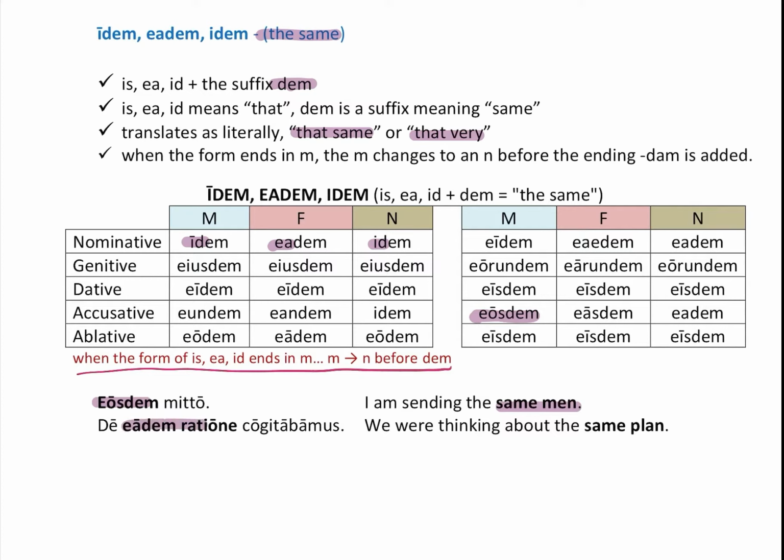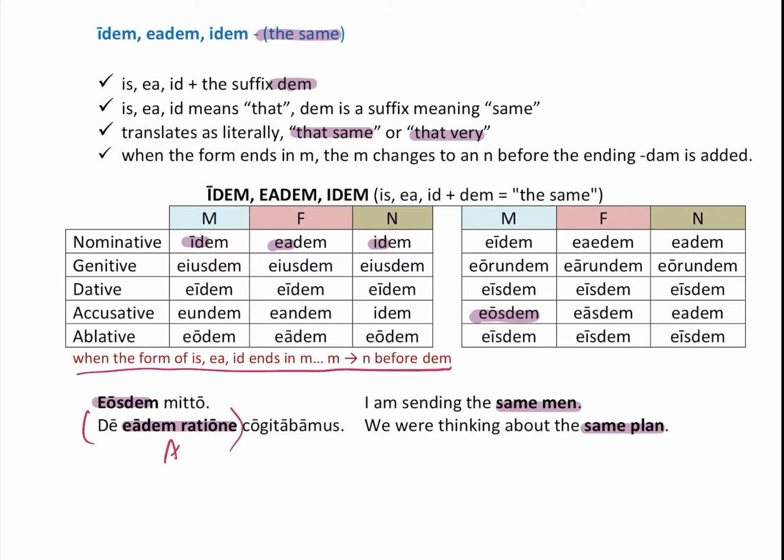De eādem ratione cogitābāmus. We were thinking about the same plan. You could say the very plan, right? Depending on context. We don't know the context. And remember, de takes the ablative.